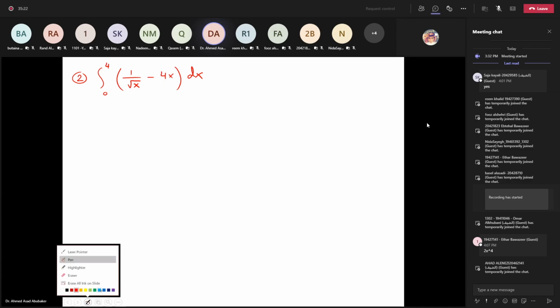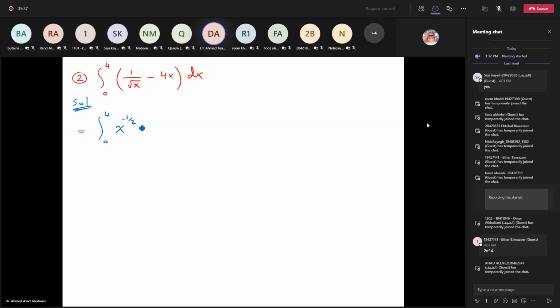So the solution: firstly prepare the function, so we have radical x in denominators, put it in numerators, so we have x to the power negative half minus 4x dx. Now the integral of this equals x to the power half over half minus 4x squared over 2, and we need to substitute 4 and 0.